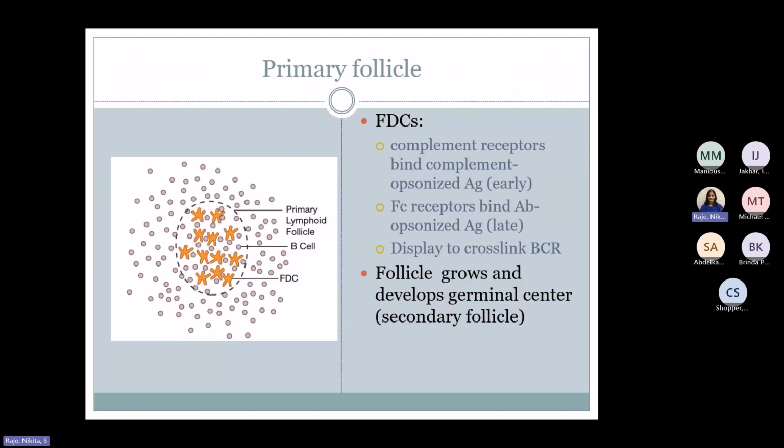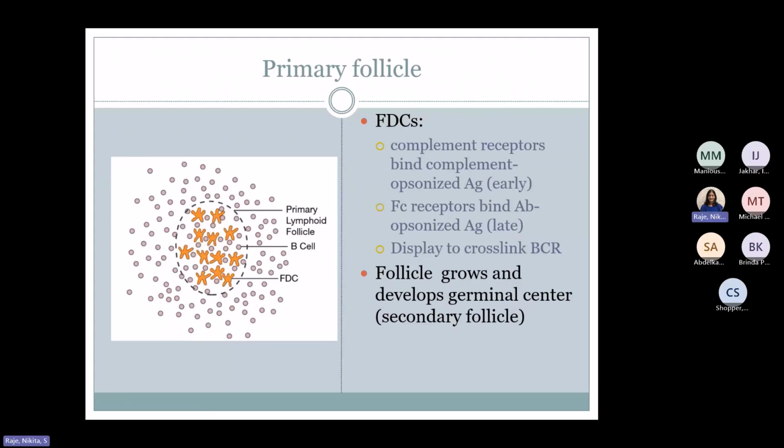That tagged antigen with the complement fragment goes through the circulation and eventually ends up in the secondary lymphoid organ. There it's going to come to the FDC, and the FDC has a way of plucking that antigen, because it has complement receptors, that complement opsonized antigen is going to attach to it.